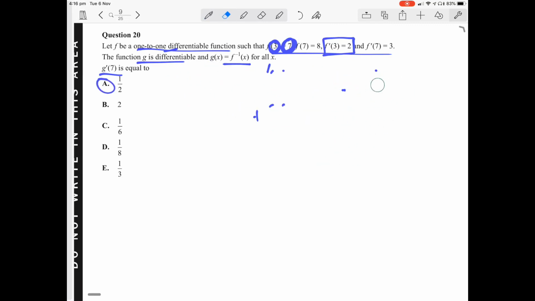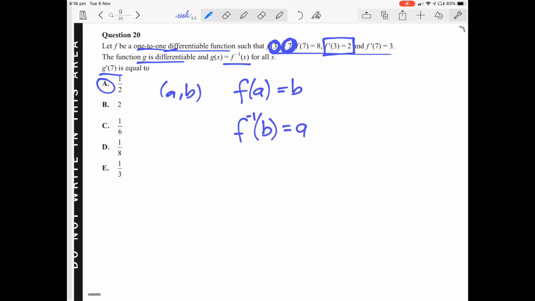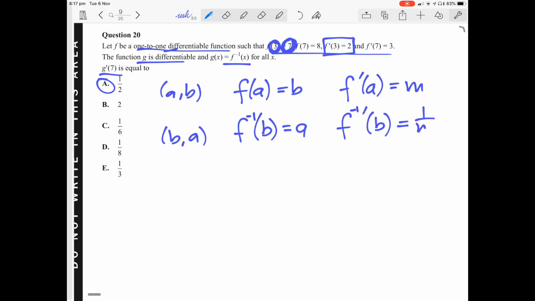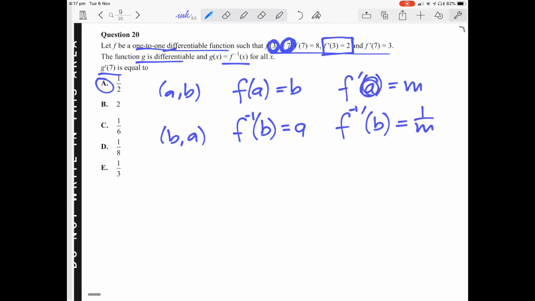But if I've got the point A, B, if we know that f of A is equal to B, we know that f inverse of B is equal to A, because B, A. We know that f dash of A, whatever that is, let's say it's M, then f inverse dash of B is equal to 1 on M. So whatever my A value is here, I need my y value because that becomes my x value on my inverse.